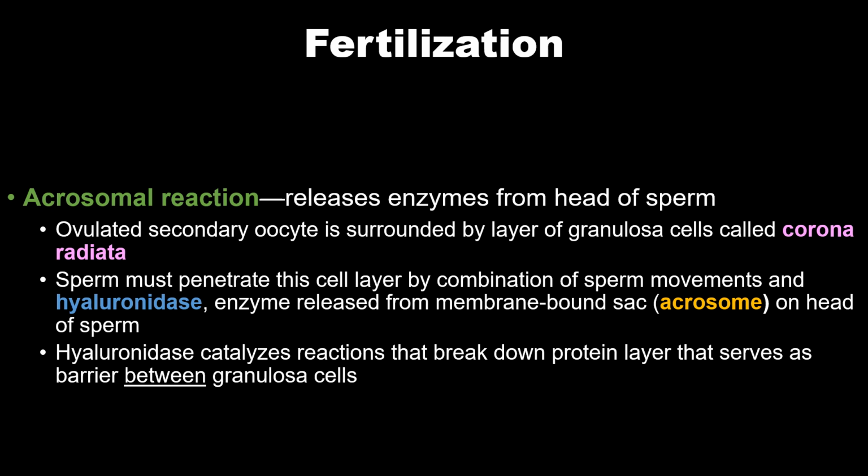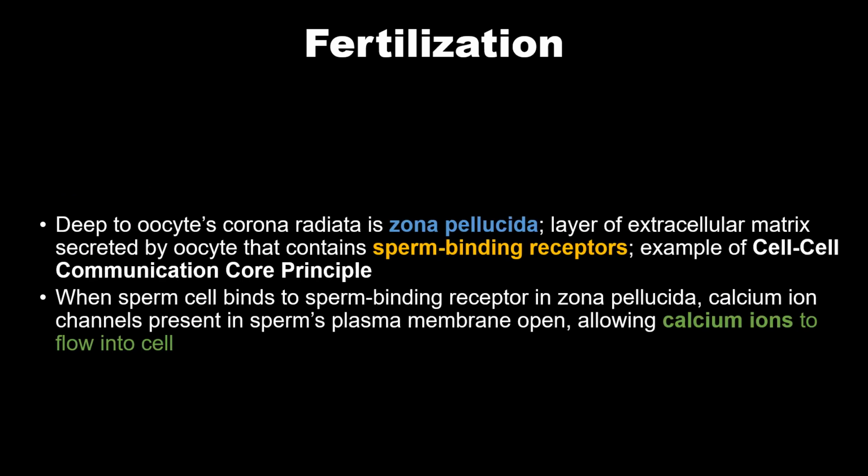And immediately deep to the corona radiata is the zona pellucida. This zona pellucida is an extracellular matrix that is secreted by the oocyte, and it contains what are called sperm binding receptors. These receptors are an important site for communication between cells, and when a sperm binds to a sperm binding receptor in the zona pellucida, calcium ion channels in the sperm's plasma membrane open, allowing calcium to flow into the cell.